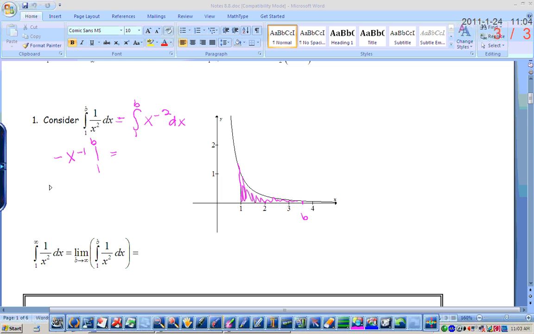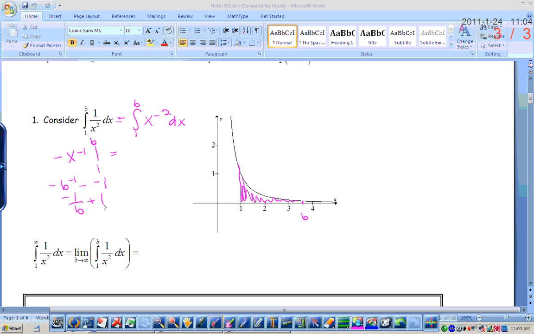And if I plugged in my b, I would get negative b to the -1 minus plug in my 1. So I get minus a -1. So -1 over b plus 1. So I could identify b to be any number and find that area under the curve between 1 and b.